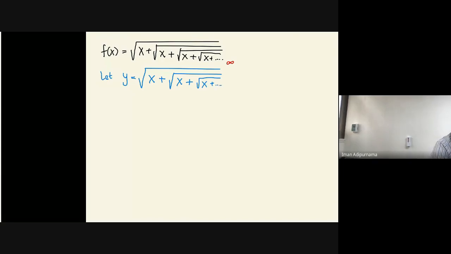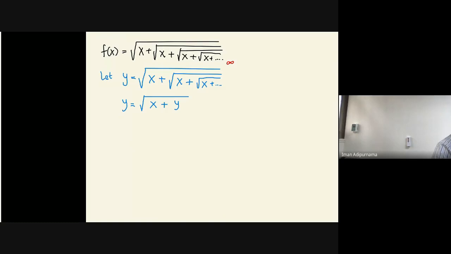Because it has an infinite amount of x, I can rewrite this as y equals the square root of x plus another y. It's the same thing, right? You have an infinite amount of x inside the original function also.